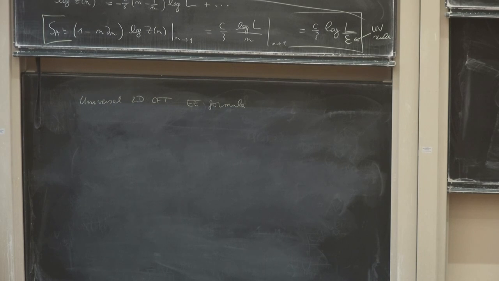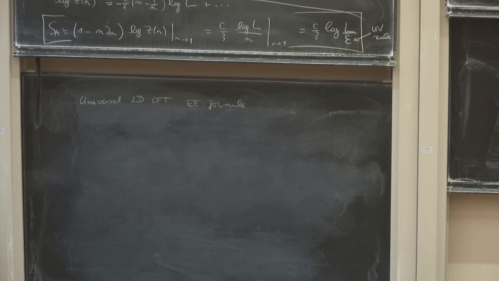So if you do this transformation that you wrote down on the board, which takes you from the replica manifold to C, will the metric look like ds squared equals dz dz bar in those coordinates?